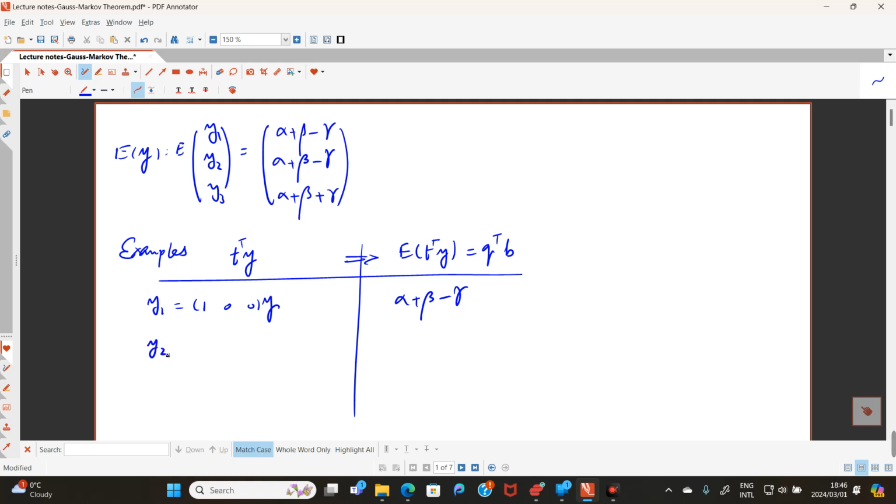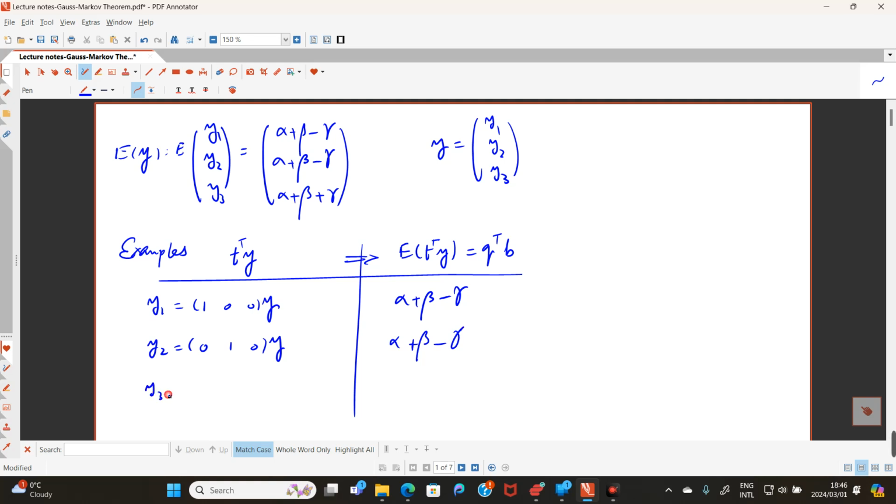Then y2 is equal to 0, 1, 0 times y, because it's the second element of y. If you multiply by the vector y, which is y1, y2, y3, y2 is obtained, and you see the expected value of y2 is the second element here, so it is alpha plus beta minus gamma again.